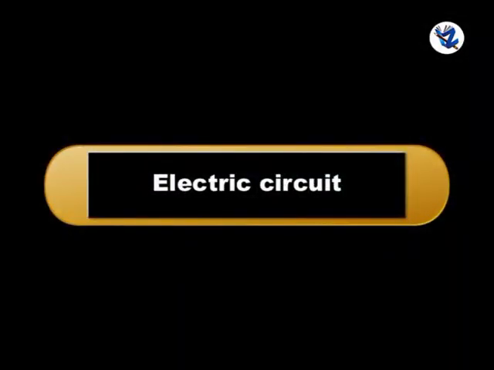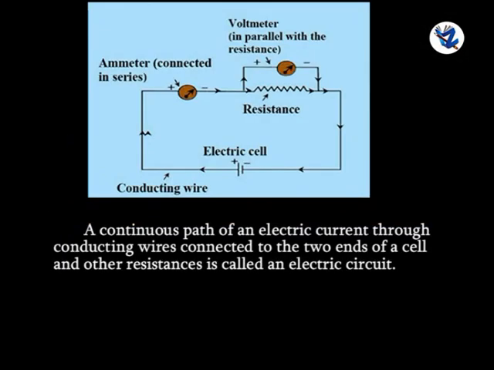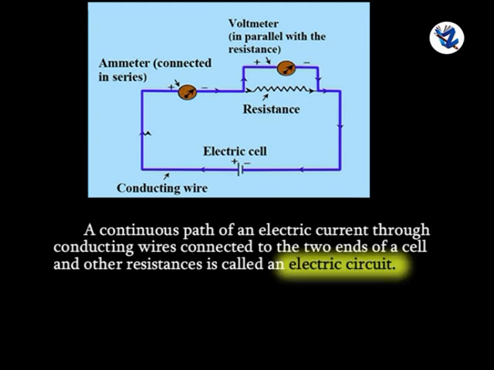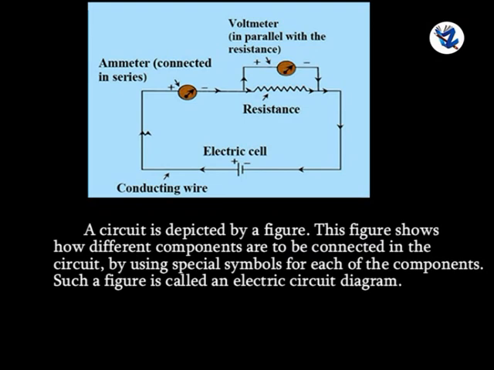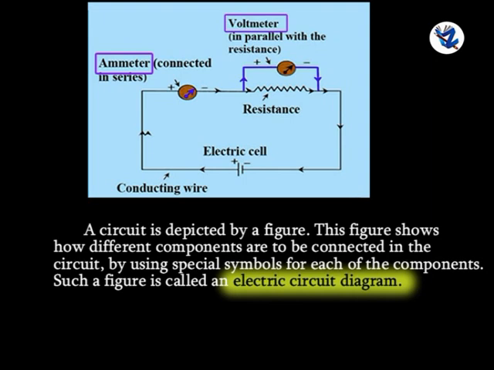Then electric circuit. A continuous path of an electric current through conducting wires connected to the two ends of a cell and other resistances is called an electric circuit. A circuit is depicted by a figure which shows how different components are to be connected in the circuit by using special symbols for each of the components, and such a figure is called an electric circuit diagram.